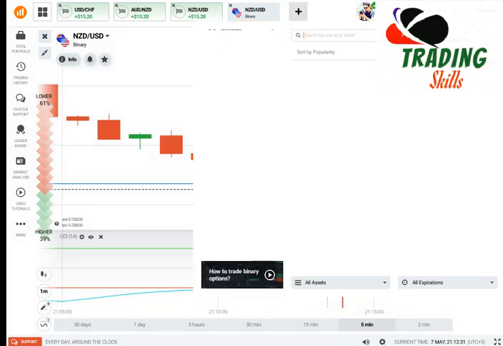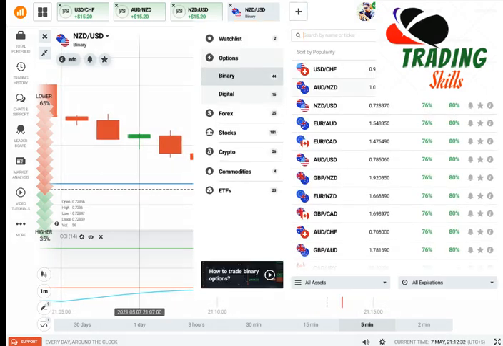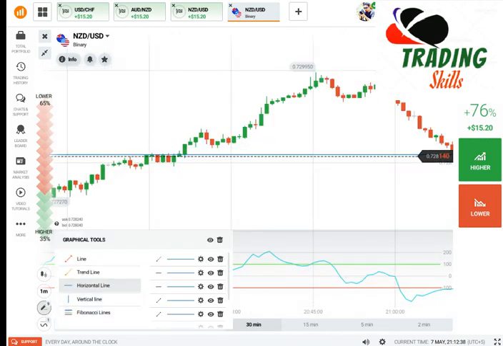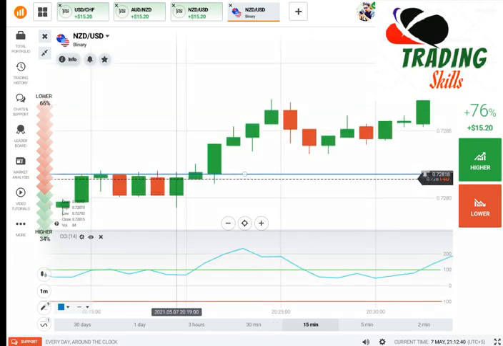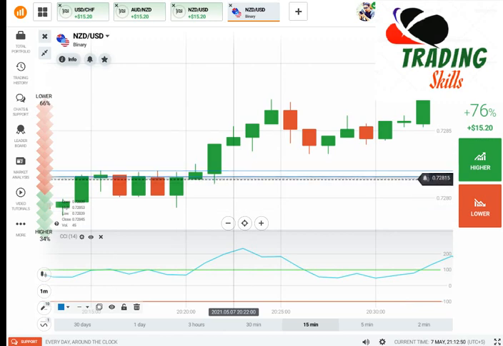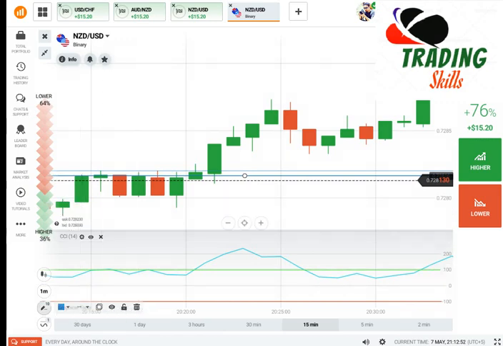So let me, okay, I cannot check any pair right now, so I will remain with this level. Okay, this is the level. In this zone I am seeing two strong levels.